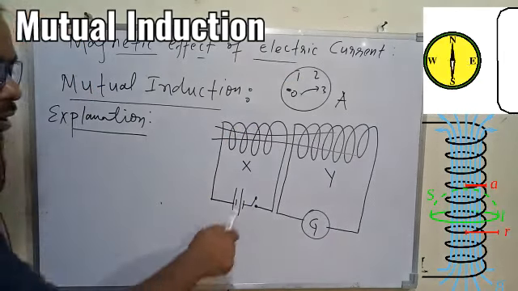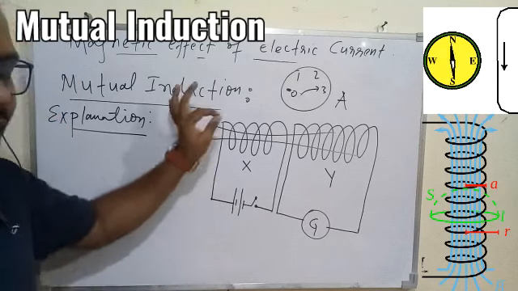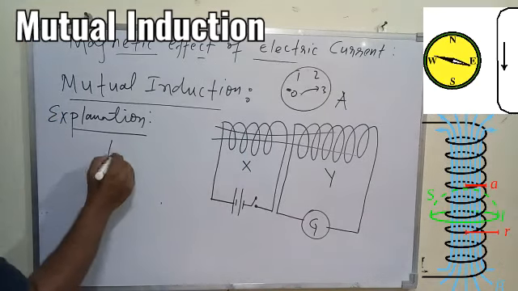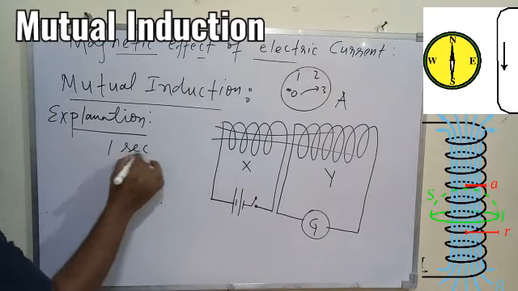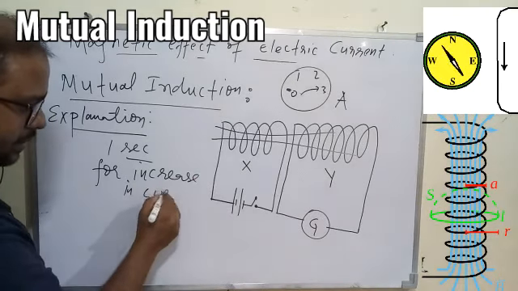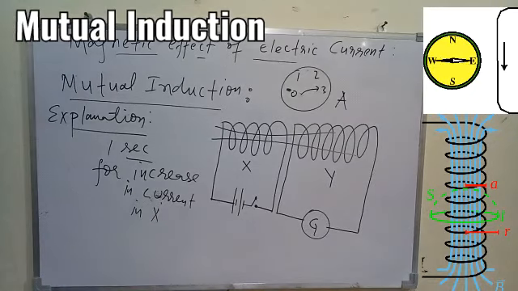So it is understood, when we switch on the circuit X, it will take some time to increase the current in coil X. So for example, it takes 1 second. Just an example. So in 1 second there is an increase in current in X.